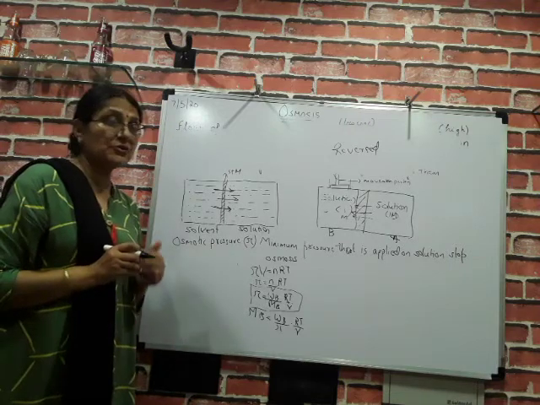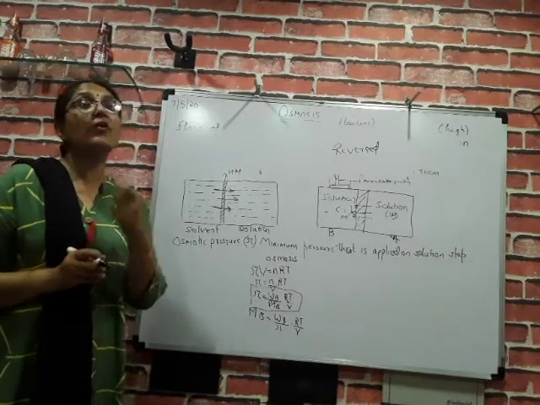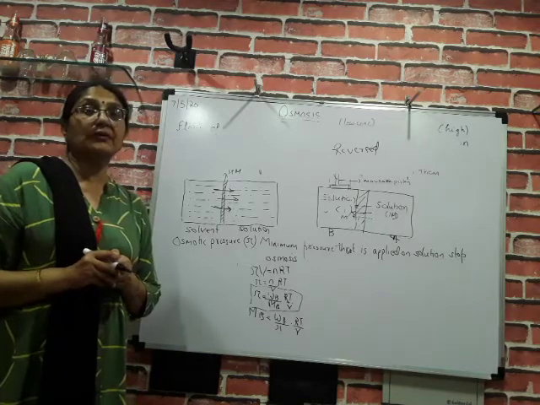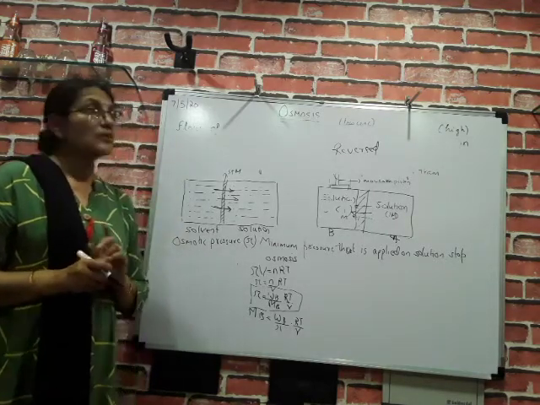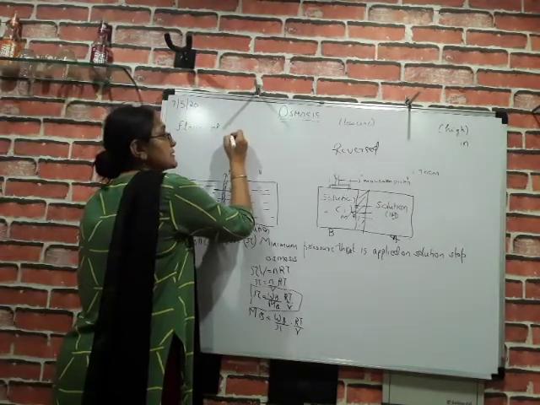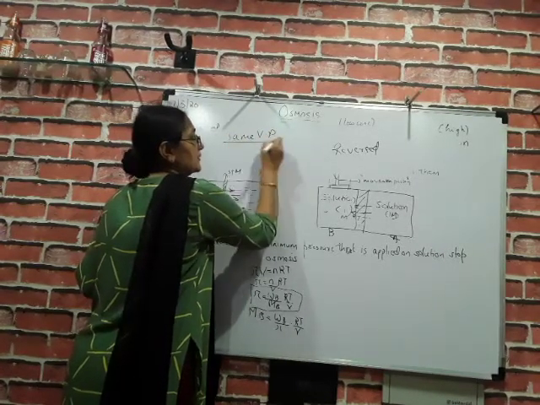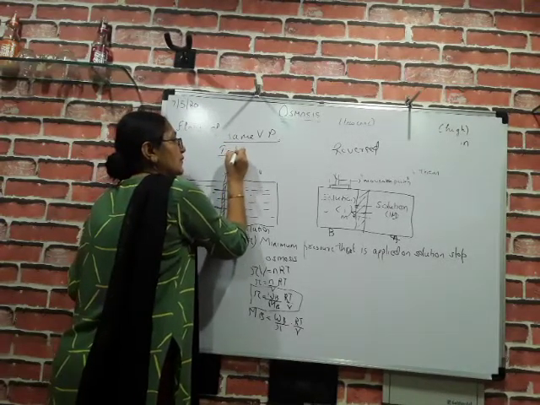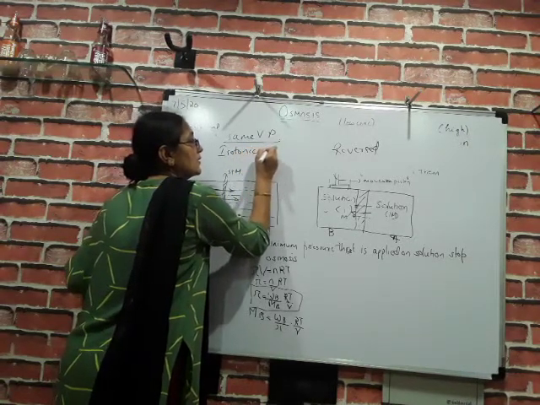And these solutions which have the same concentration or same osmotic pressure, they are called hypertonic, no sorry, they are called isotonic solutions. So I can say if solutions have the same osmotic pressure, then they are called isotonic solutions.